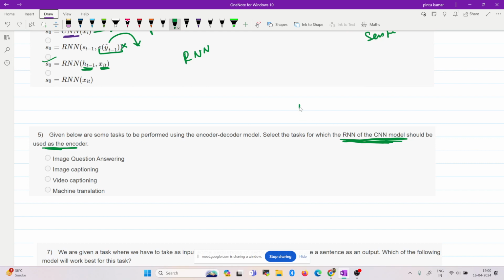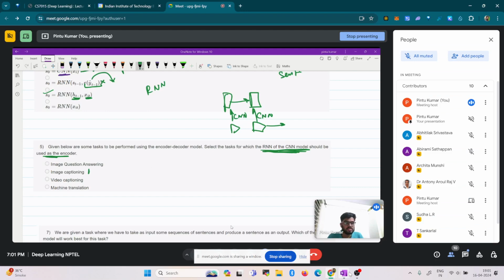So you do some CNN kind of thing on this, and then you obtain something, you pass it here, and again you do CNN kind of thing. Somebody has said image captioning. What other things, please, can you answer?